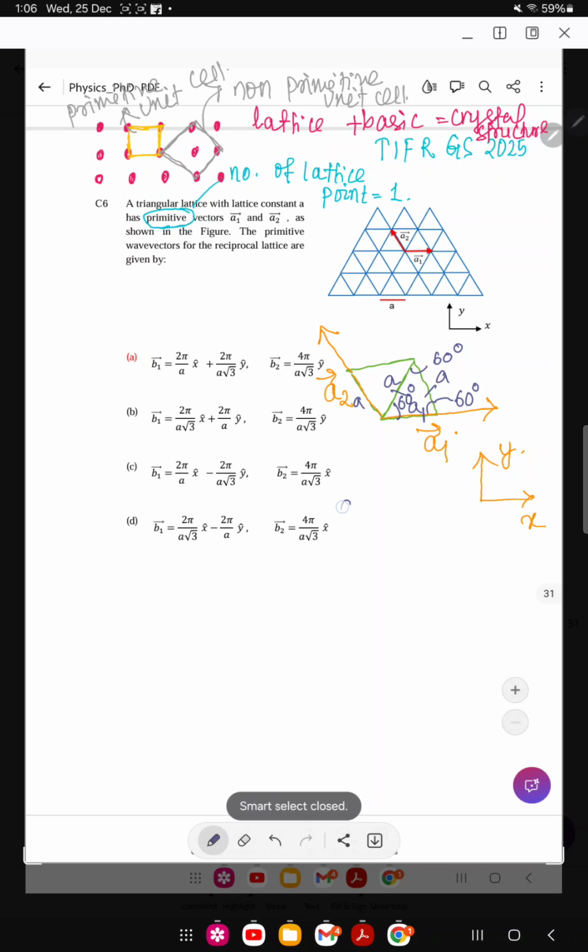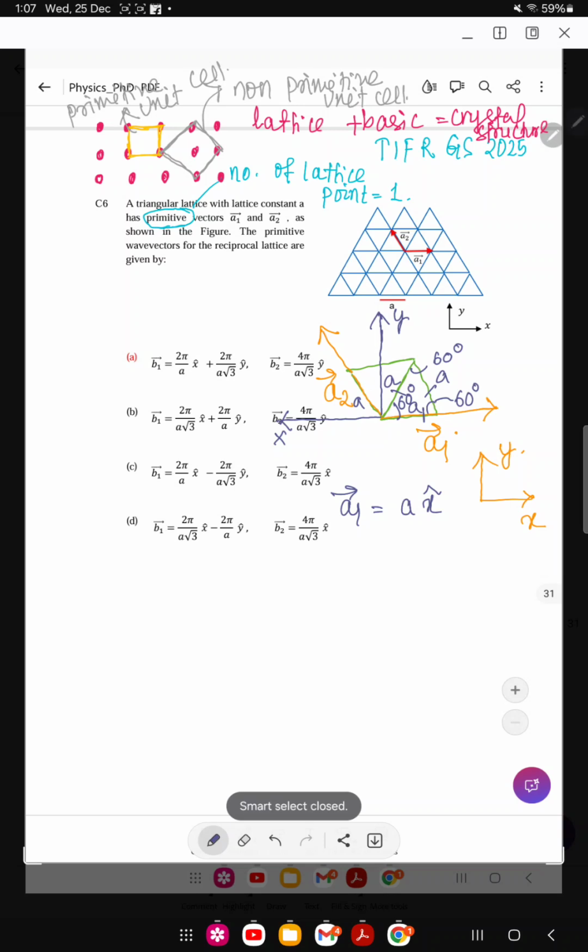So a1 can simply be written as a along the x direction, where x cap is the unit vector along x. a2 we can resolve into two components, along the y direction and along the x direction. This is covered in class 12th level physics, that a vector can be resolved into two components.